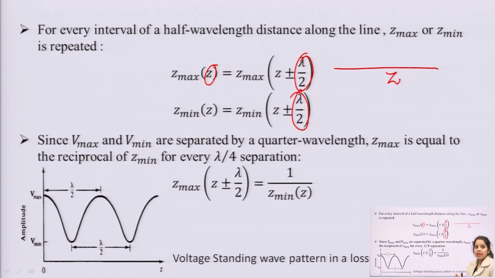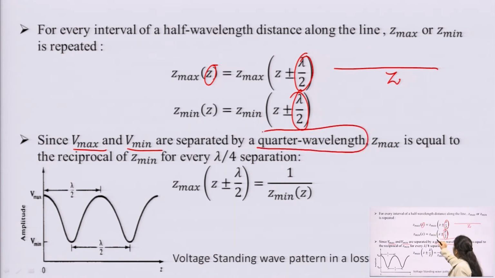And why does this happen? Because we already know that V max and V min are separated by quarter wavelength, and Z max is equal to the reciprocal of Z min for every lambda by 4 separation.